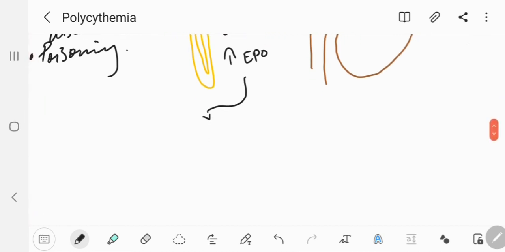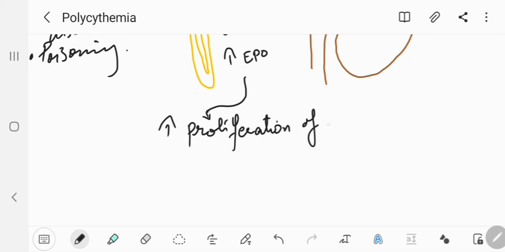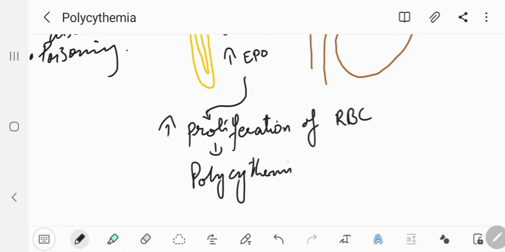Due to this hypoxia, there will be increased production of erythropoietin from the proximal convoluted tubule, which will cause increased proliferation of the RBCs from the myeloid stem cells, and hence will lead to polycythemia, which is of the secondary type.